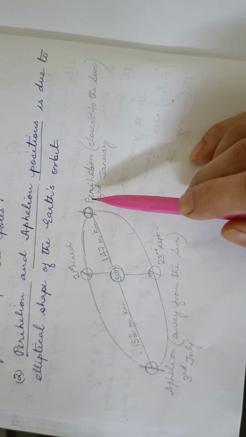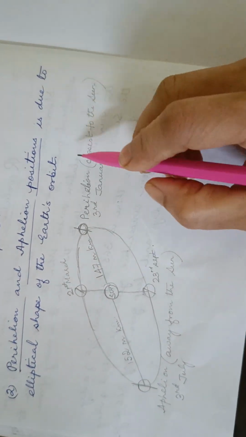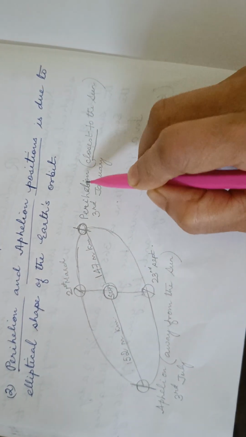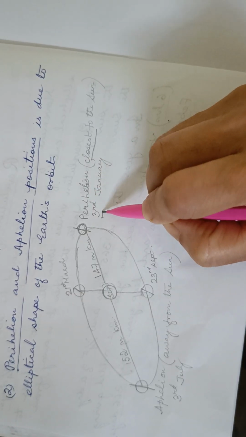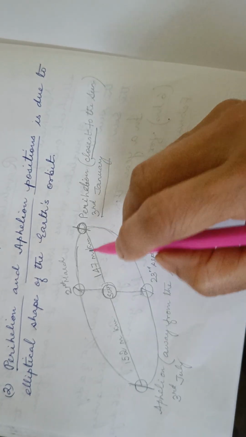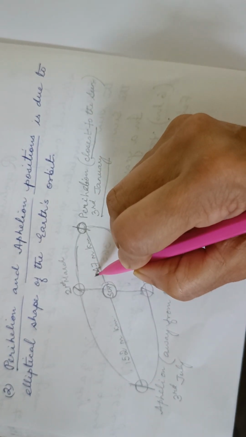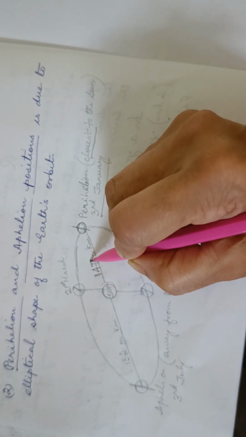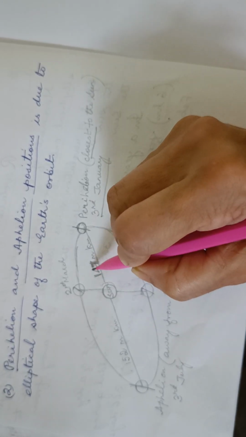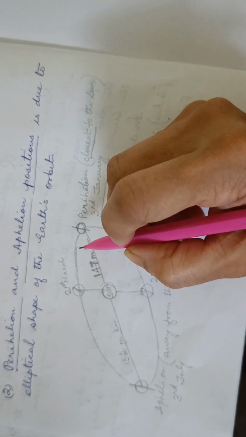When it is closest, we call that position perihelion. And it is on 3rd January. What is the distance? Distance is 147 million kilometers.